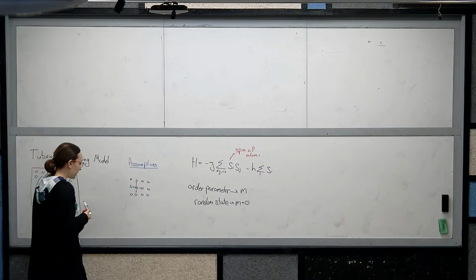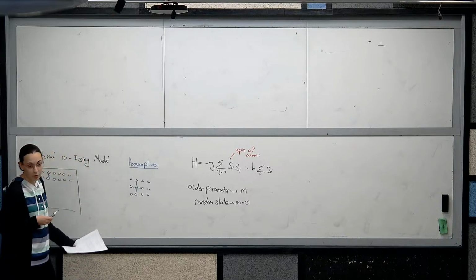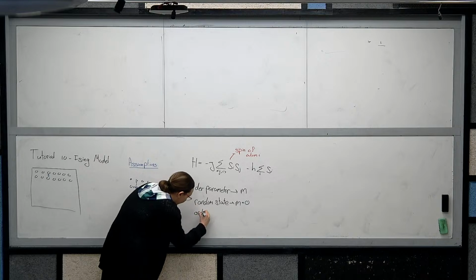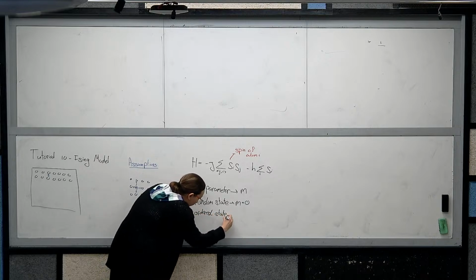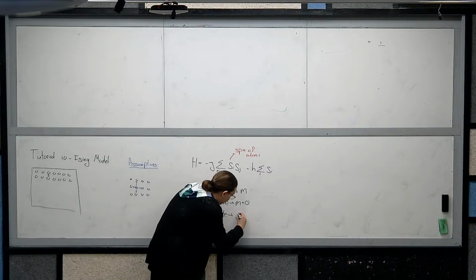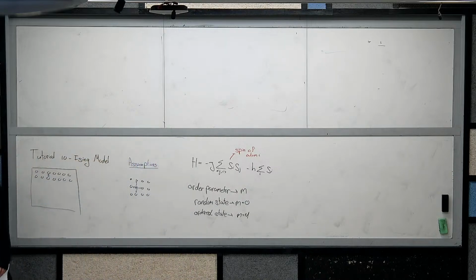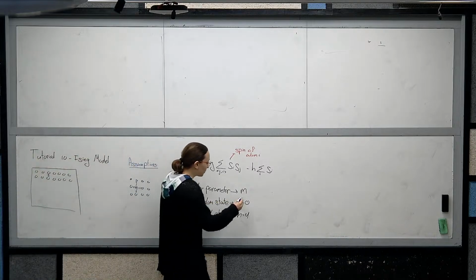Okay, if we are in a totally ordered state, so if all the spins are up or all the spins are down, the order parameter will be equal to plus or minus 1: plus 1 if all the spins are up, and minus 1 if all the spins are down. So the order parameter is actually the average spin in the system.